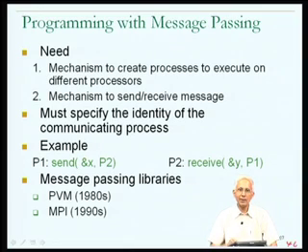Now, in order to write parallel programs in which the individual processes communicate with each other through message passing, there must be support provided by the underlying operating system which runs on the individual processors of the parallel computer.